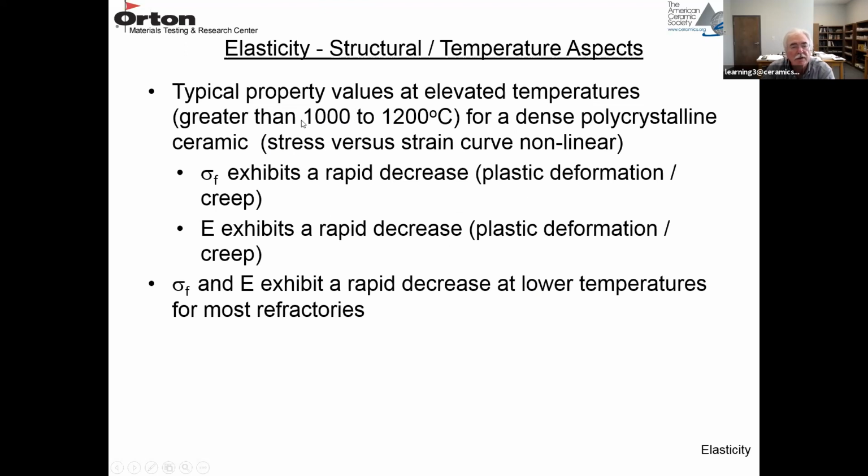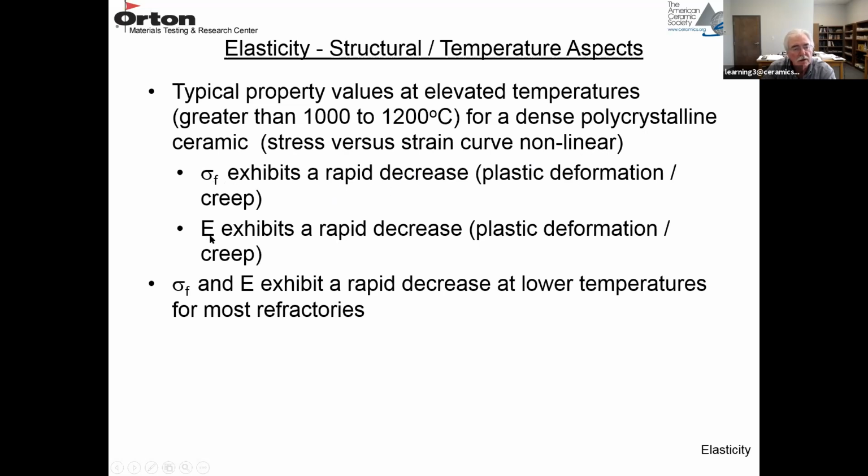So if we increase the temperature to temperatures greater than 1,000 or 1,200 degrees C, if we're looking at, again, a dense polycrystalline ceramic, the stress versus strain curve is going to start becoming nonlinear. The strength starts to fall off more rapidly.